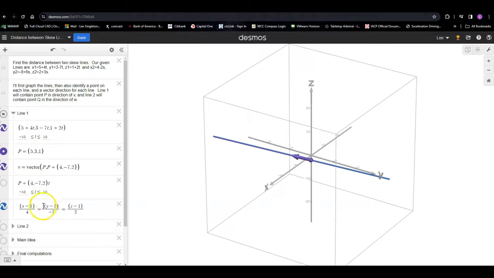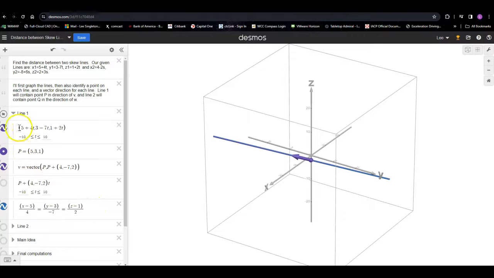So I subtract the 5, divide by 4. This is my t, which is x minus 5 over 4. Do the same thing, solve for t on the second one and the third one, and I get these fractions for my y and my z. And since they're all equal to t, they're all equal to each other, and you set them equal to each other. So that is another way that you could type it in Desmos if you want to see that line.